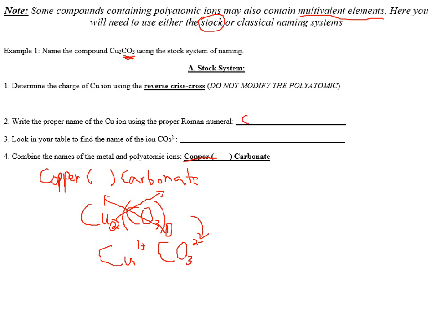So we have copper 1, and our polyatomic ion is carbonate. You don't change the ending. So we have copper 1 carbonate.